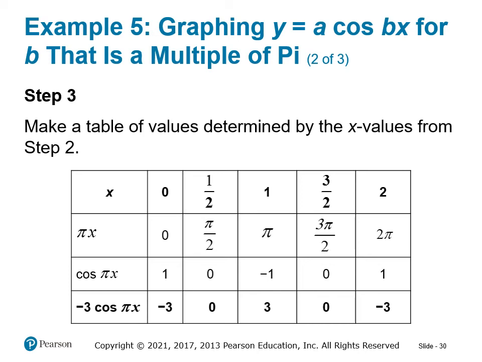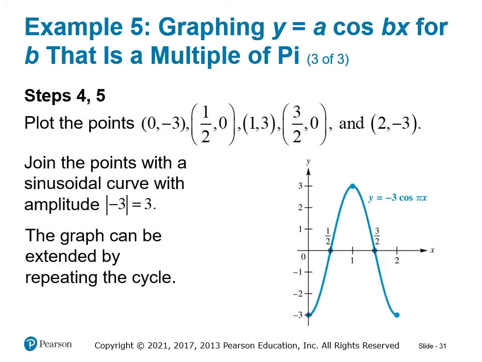So we just multiply all these by -3. Notice our period, we're going to plot these on the x-axis, and then this will be our y value. And so we can see it here. It's no longer over 2 pi, now it's just over 2.